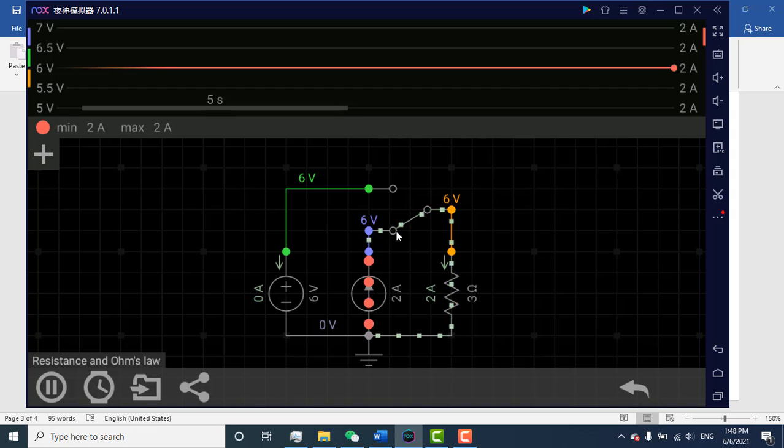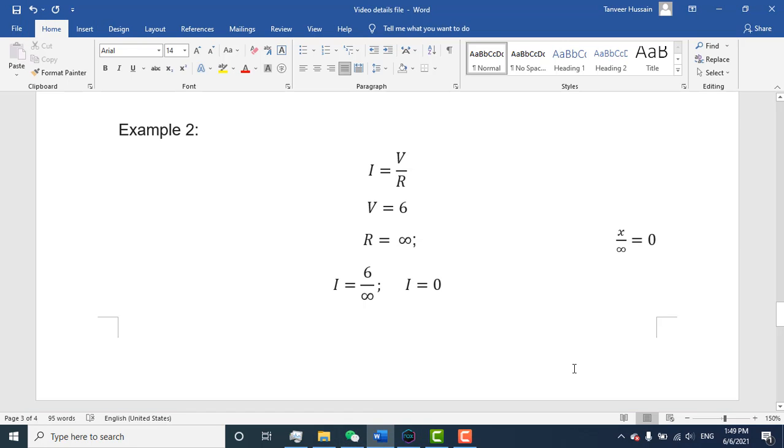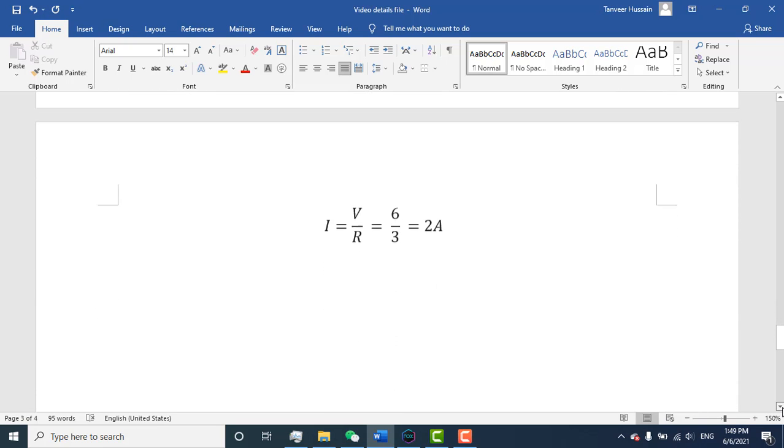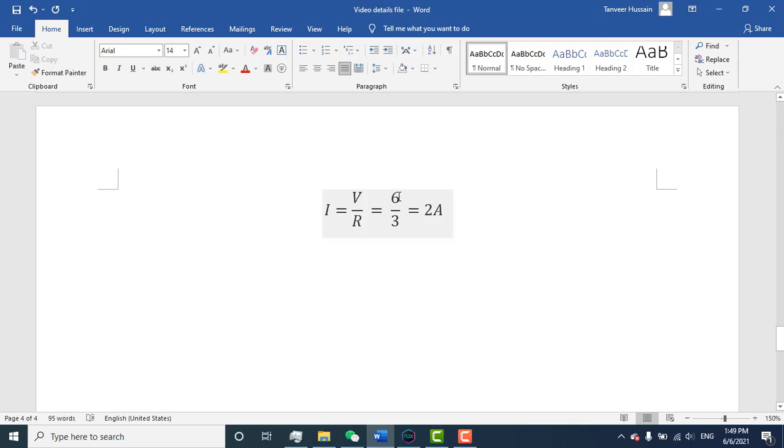So if I shift this switch to this path, this path will be open and this path will be connected. At that time the voltage will be 6 and resistance will be 3 ohm. So now you can see I write here, if voltage is 6 and resistance is 3, the current should be 2 amps according to the formula.